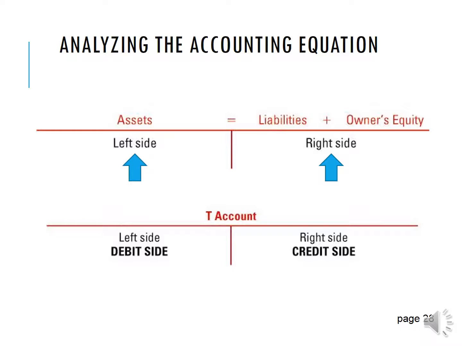By comparing the two examples, we should be able to see that the left side simply means debit, and the right side of the T account simply means credit. What determines whether an account increases or decreases is the accounting equation. Thus, assets increase on the left side, and liabilities and owner's equity increase on the right side.